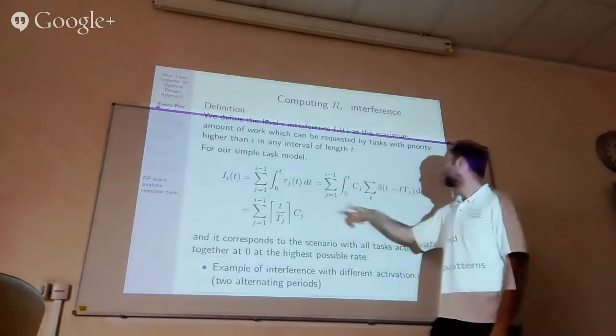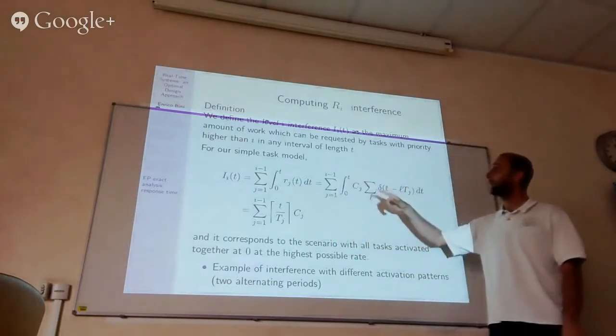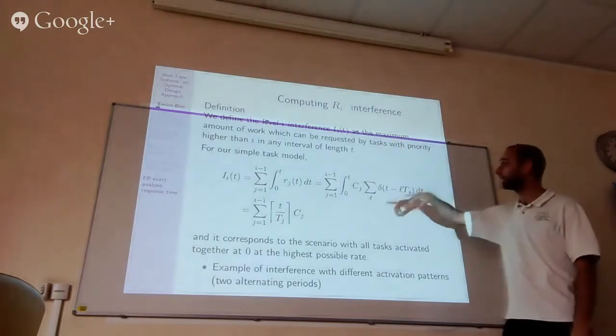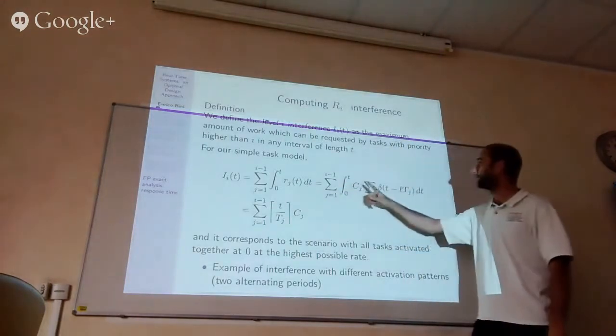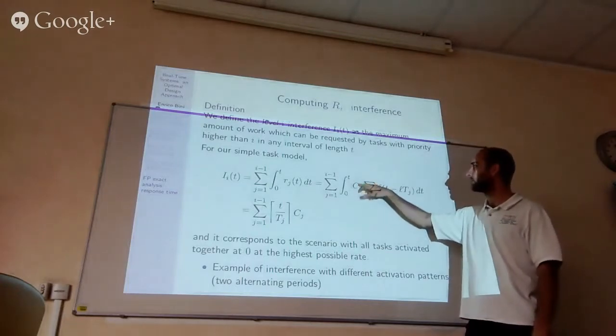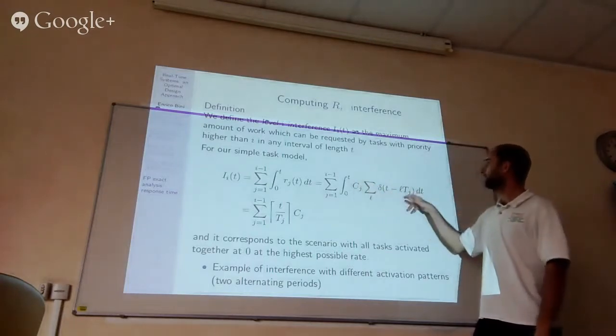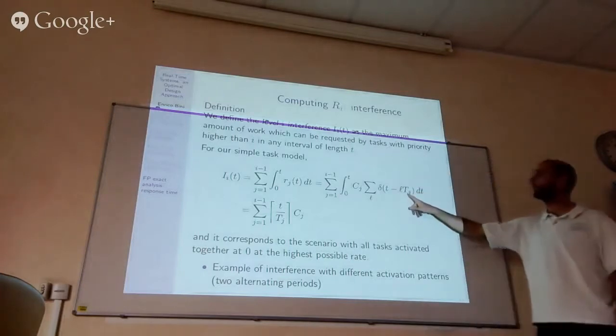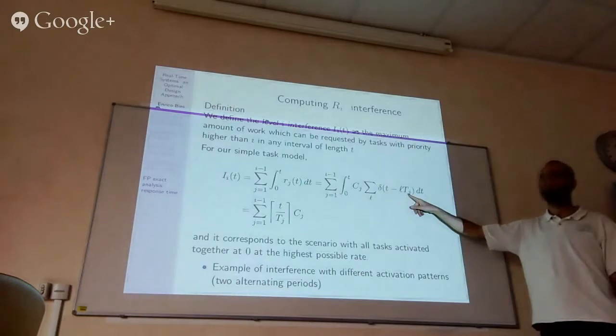But now we are in the case of a sporadic task, and we can write it this way. We have the computation time Cj and the Dirac deltas at multiples of the period of the task Tj.